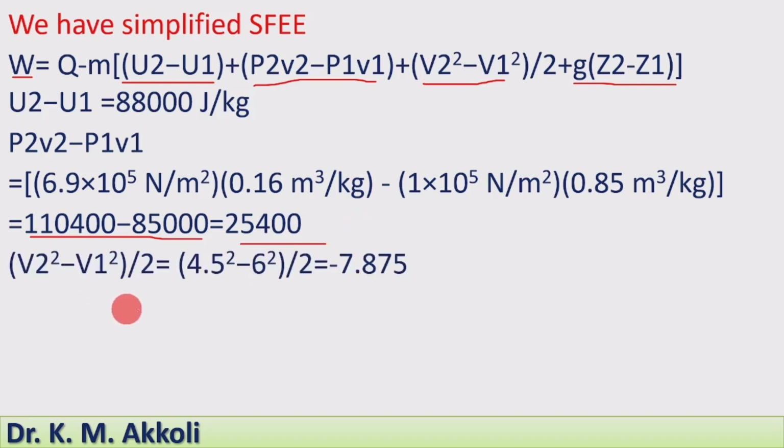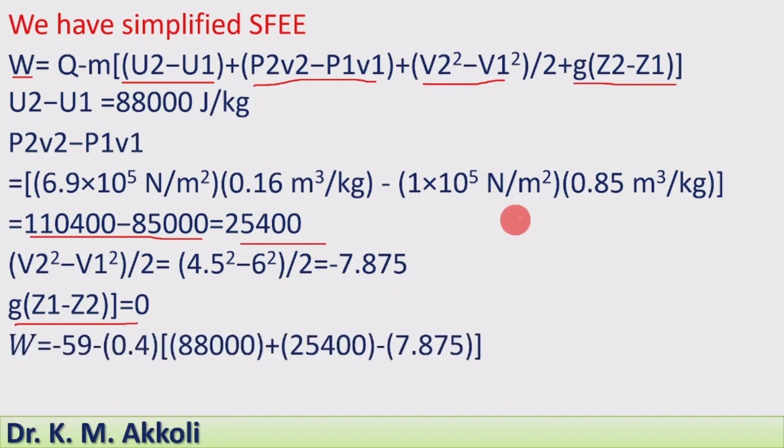Then (C2 square minus C1 square) by 2 is (4.5 square minus 6 square) by 2, which is minus 7.875. The potential energy difference is not mentioned in the numerical, therefore we'll take that as 0 only.